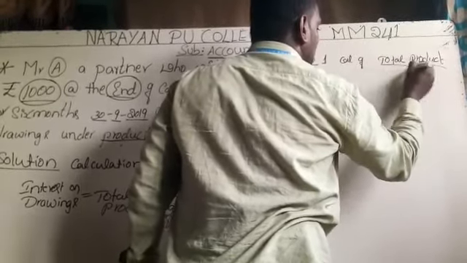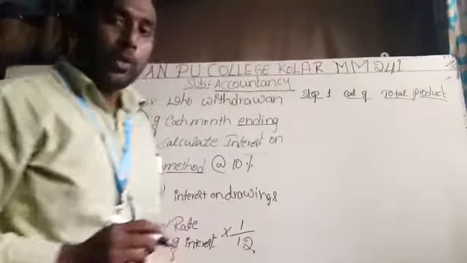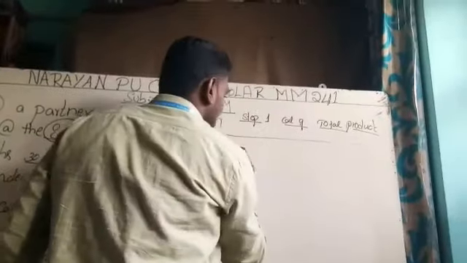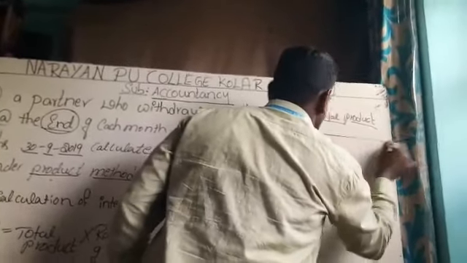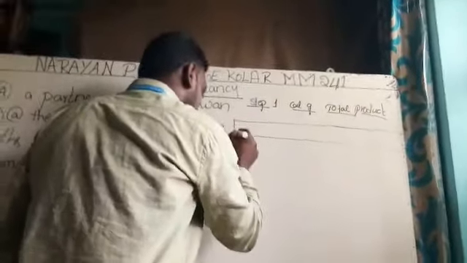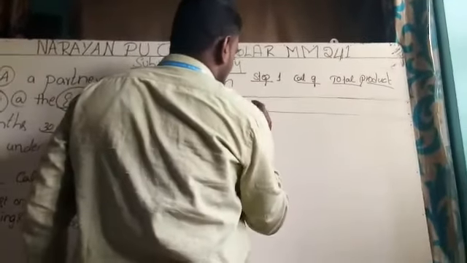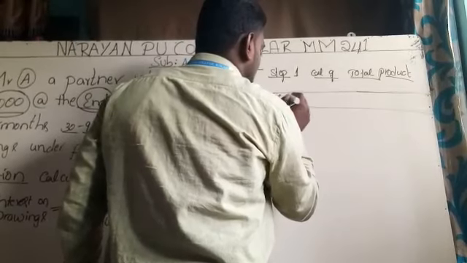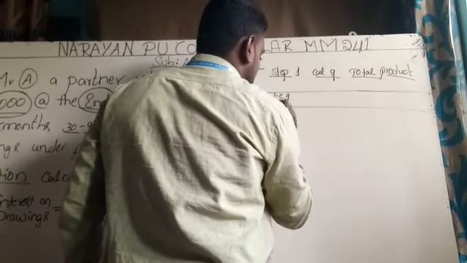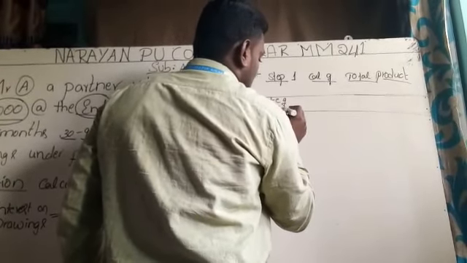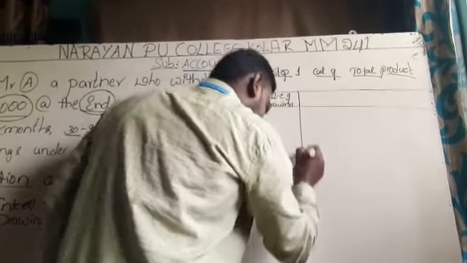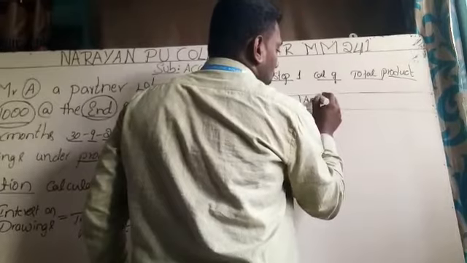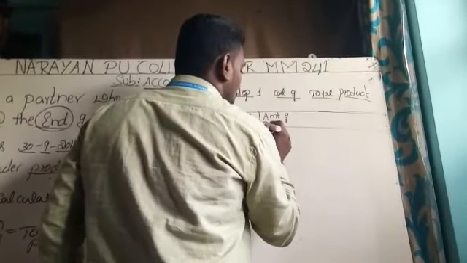While calculating the product, we have to create one table. With the help of that table, we will get the total product. Here 4 columns will come. Column number 1, date of drawings. Column number 2, amount of drawings.